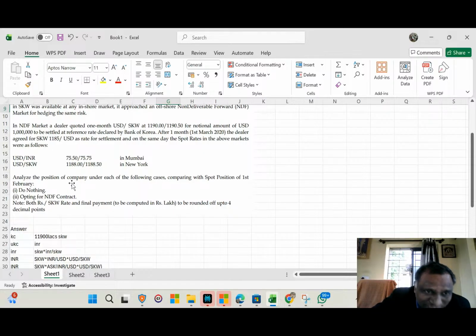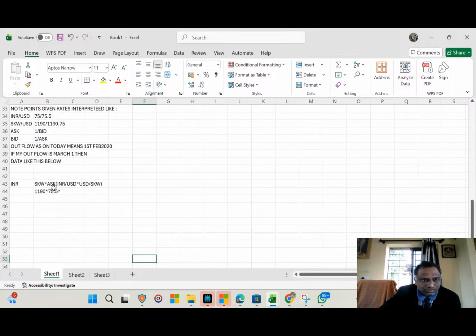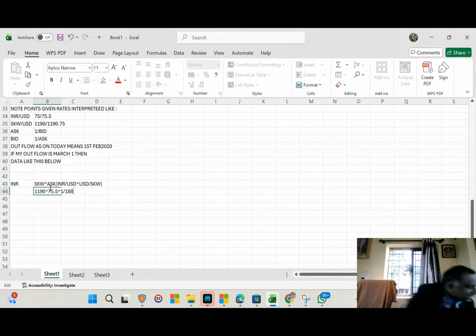Then what will come here? 1 by bid rate will come. 1 by bid rate how much? 1188.